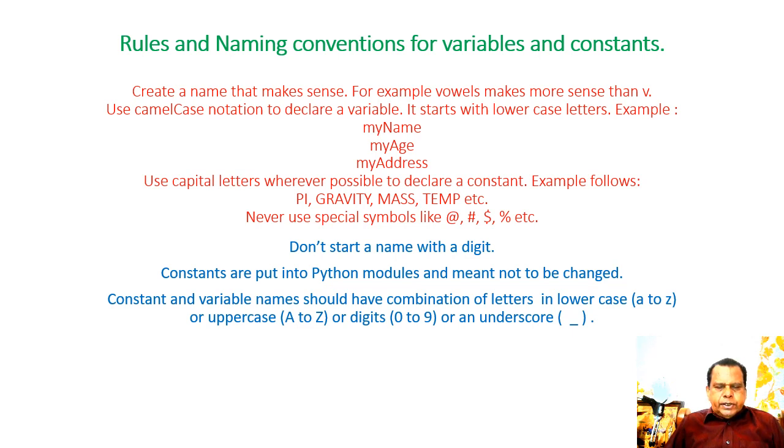Constants are put into Python modules and meant not to be changed. Constant and variable names should have combinations of lowercase a to z, or uppercase A to Z, or digits from 0 to 9, or an underscore like this. Yeah, fine.